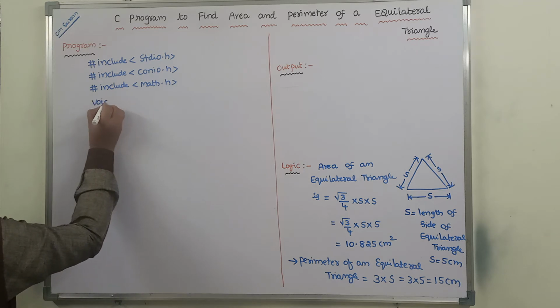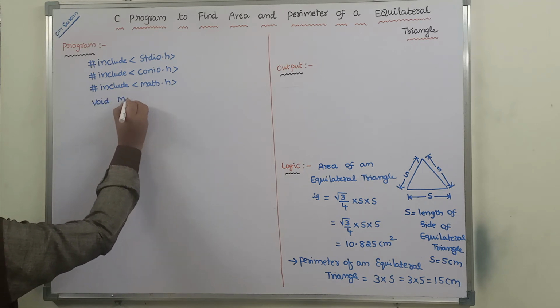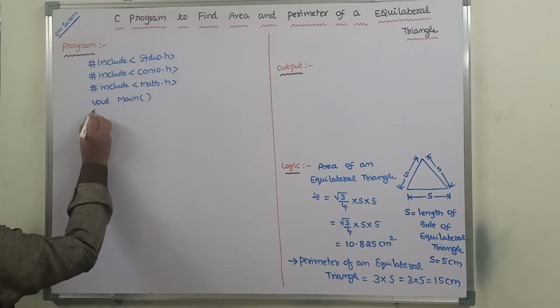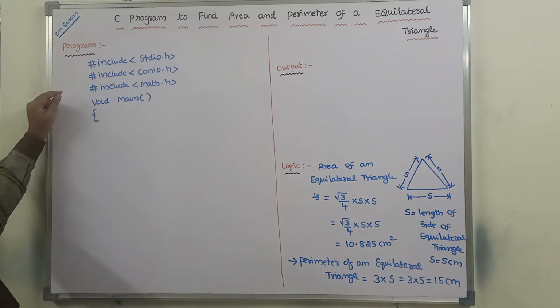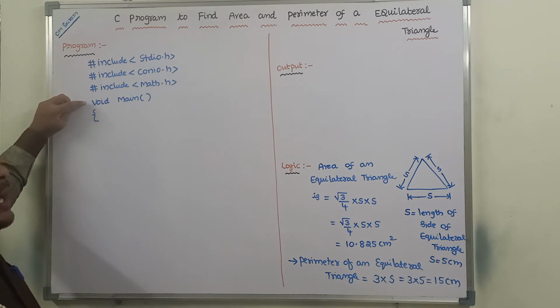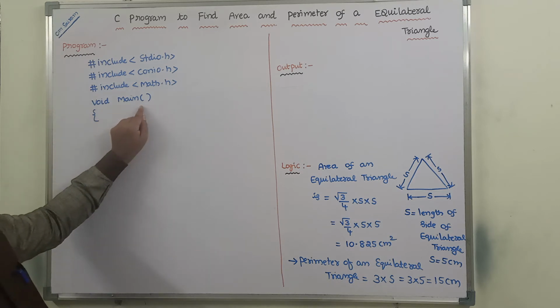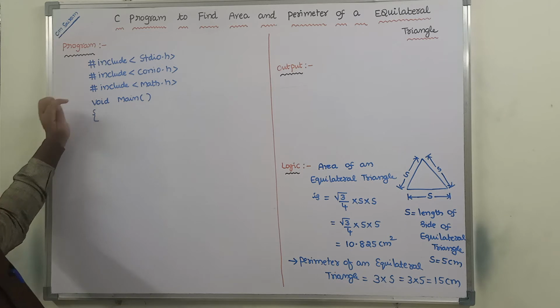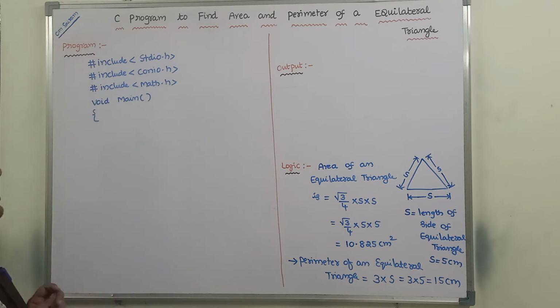void main. Every C program execution starts with the main function. The main function does not return anything, so we have to write void before main, where void is an empty data type.